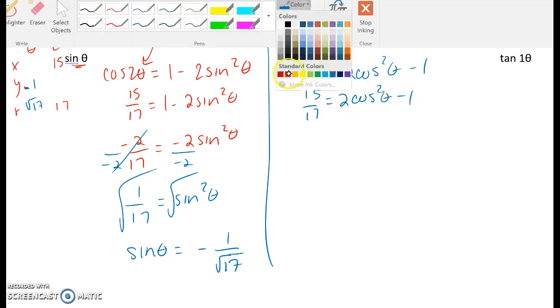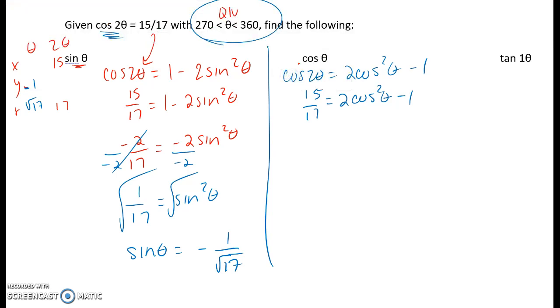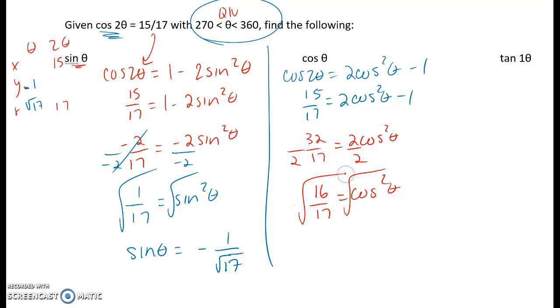We add 17 over 17 to the other side, which gives me 32 over 17. Then we divide by 2, which gives me 16 over 17 equals cosine squared theta. Square root both sides, giving me 4 over radical 17 for cosine theta.